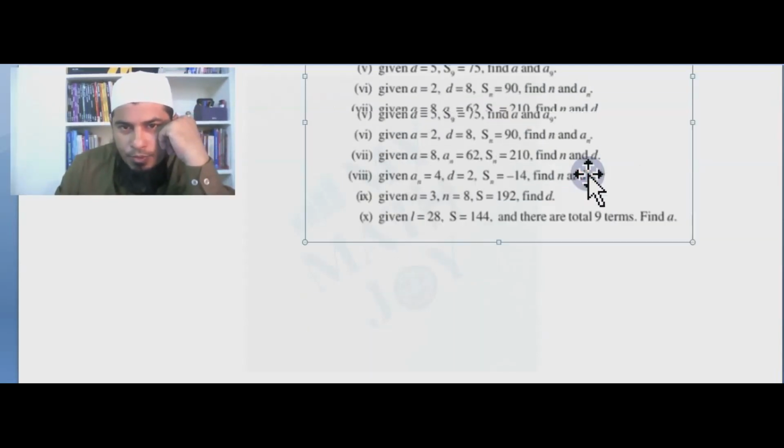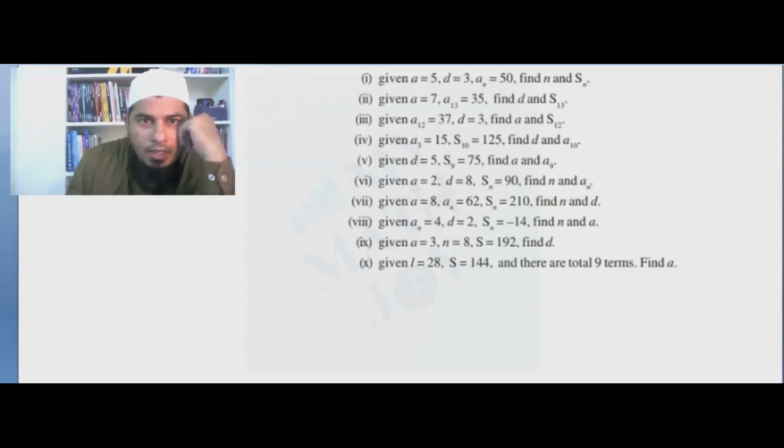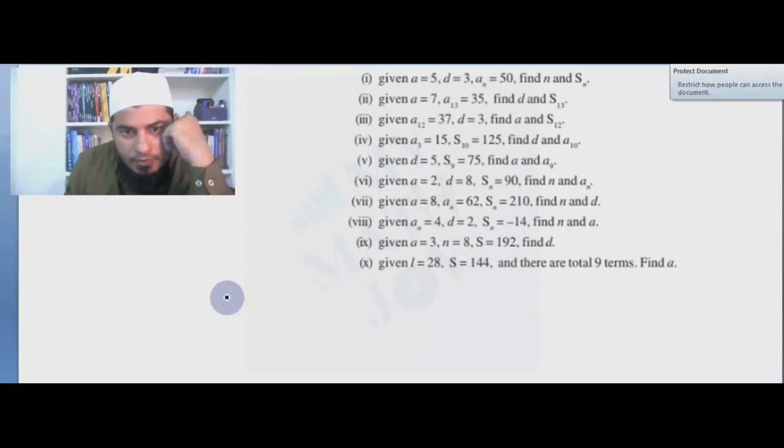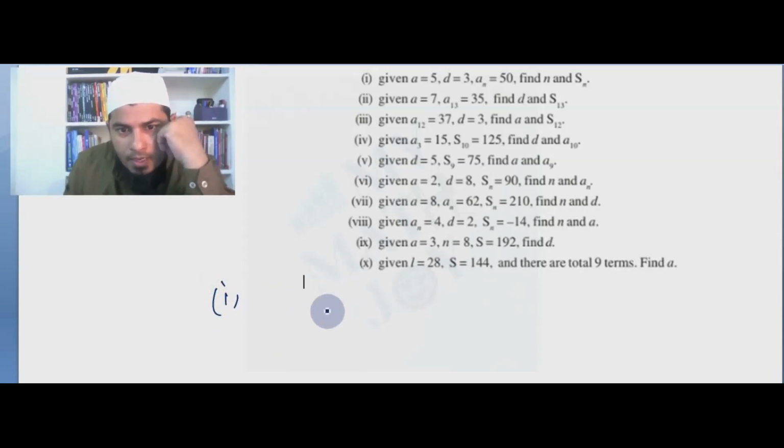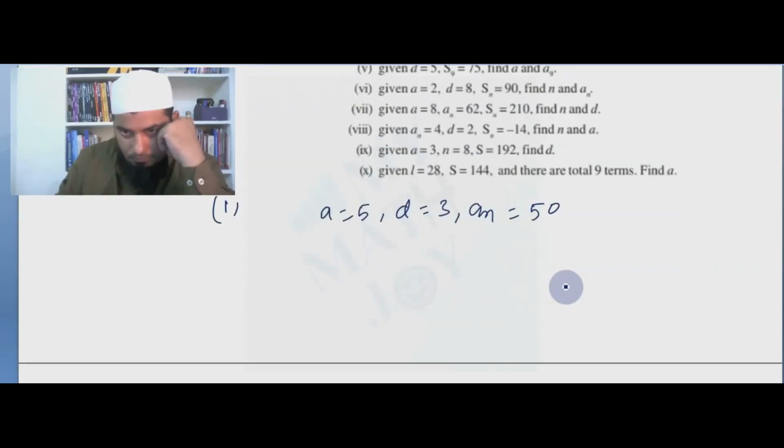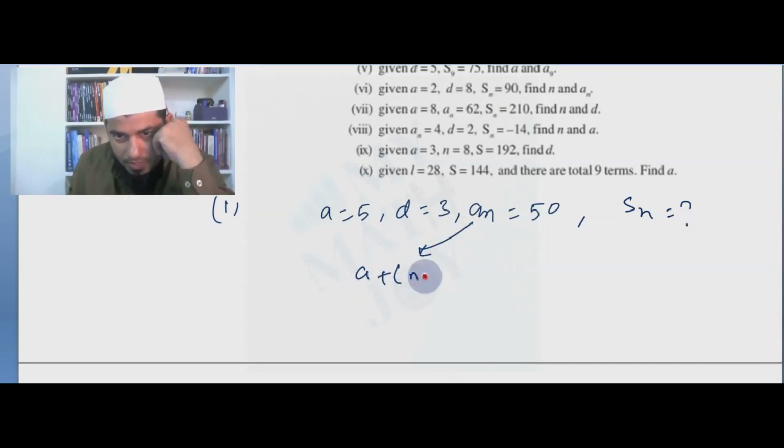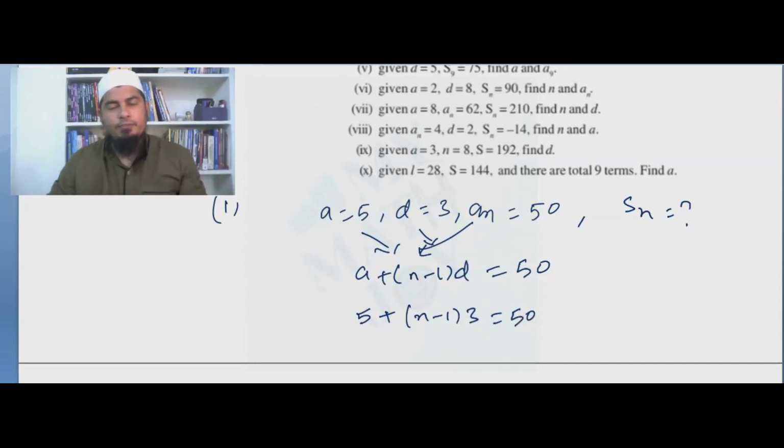Let us proceed here with that knowledge. First answer: A is 5, D is 3, An is 50, and we want Sn. If I expand this An, it will be A plus (N minus 1) times D is 50. When I substitute the A and D values here, A is 5, D is 3, I can get the N value from here.